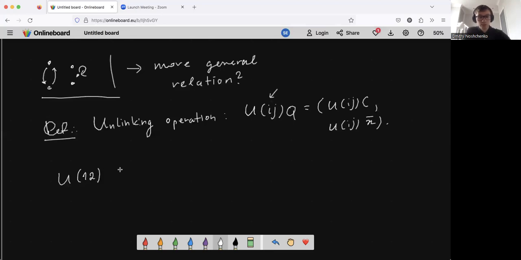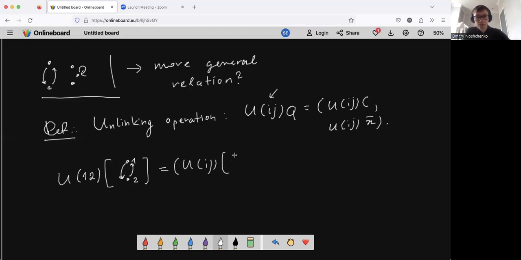So we have u12 acting on the quiver, which is this guy, so 1 and 2. I'll just write it notationally to make it completely clear.